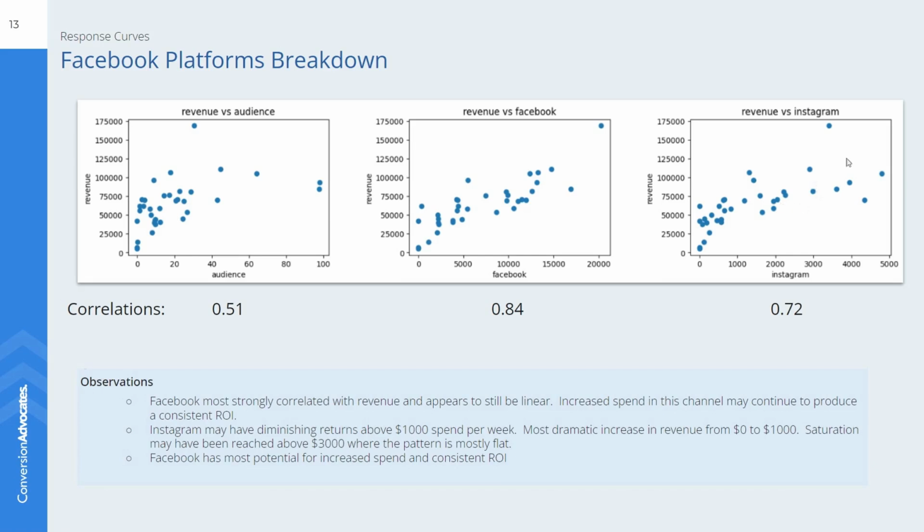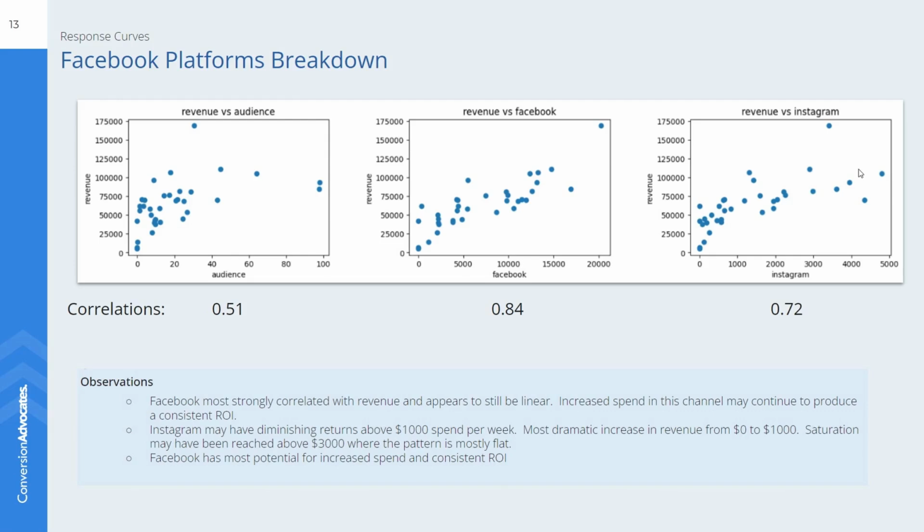Instagram, however, if you were to just remove this outlier, which was a major holiday for this client, then you could see that after about 2,500, you don't notice a notable increase in revenue. The more that spend went from 2,500 to 5,000, revenue stayed quite flat. The overall trend was not an increase in revenue at the same rate as before, especially during this initial period.